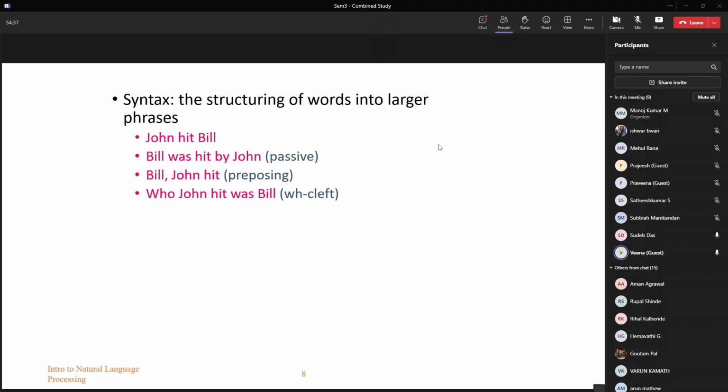If we start a sentence not with a question mark but with a WH word, like what, why, which, where, then it is called a WH cleft.